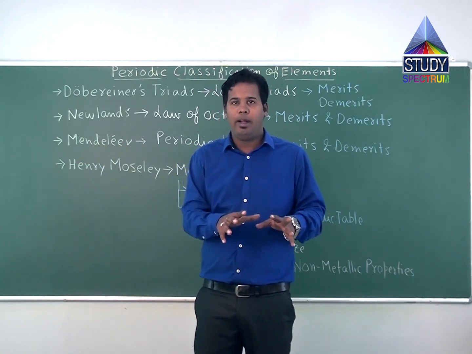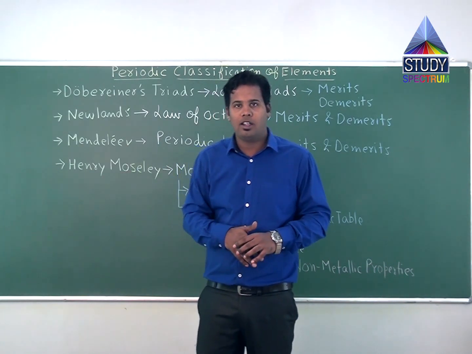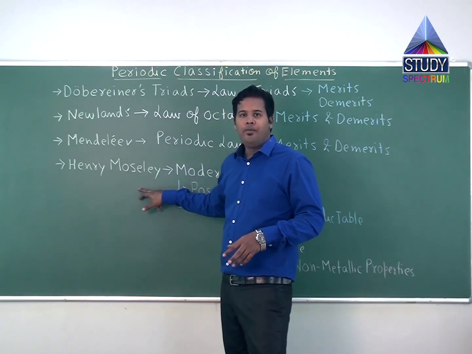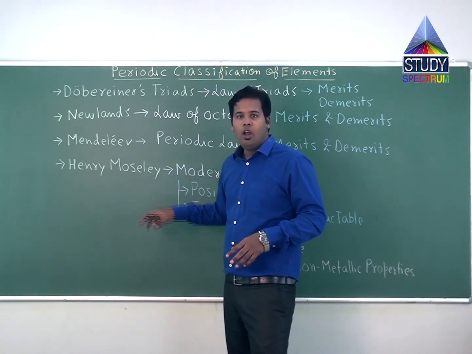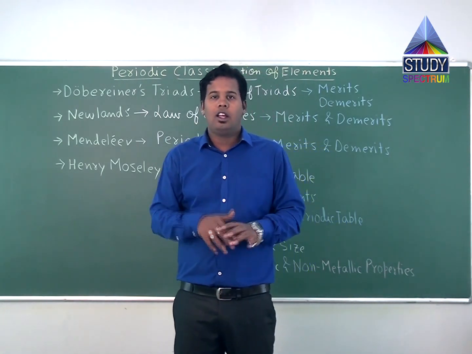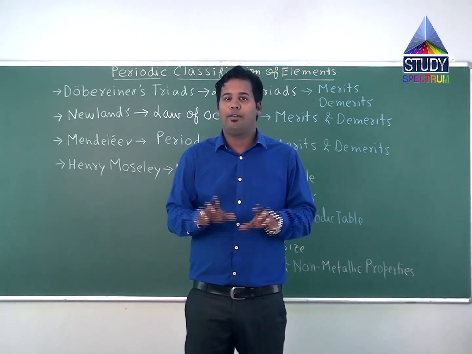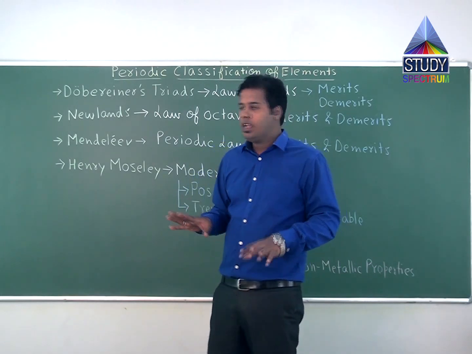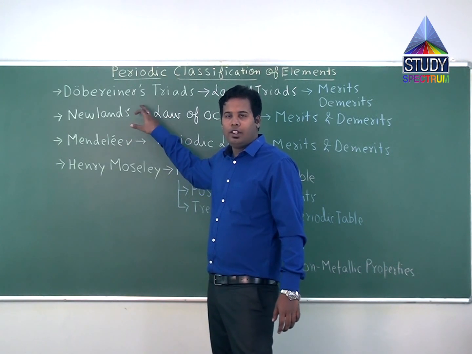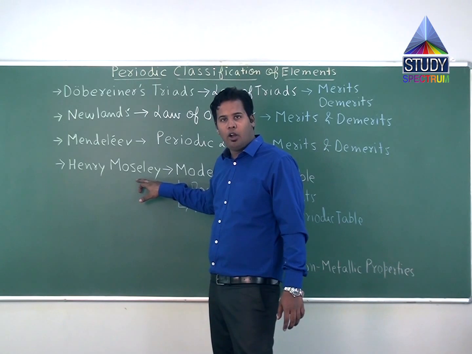They arranged the elements in their respective periodic tables in increasing order of atomic masses, and all the anomalies were finally solved by the English scientist Henry Moseley, who assumed the basis that if elements are arranged in increasing order of atomic numbers, then a perfect periodic table can be formed, and he really did it. So let me repeat once again. We are going to study the attempts of these 3 recognized scientists before Henry Moseley, who gave the modern periodic table.